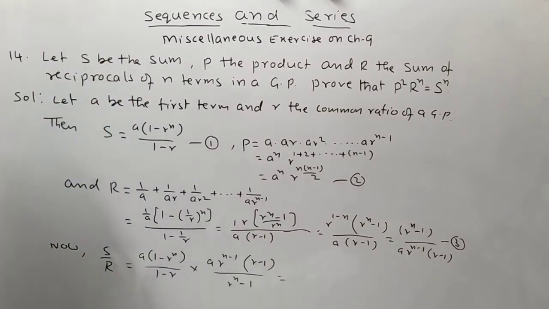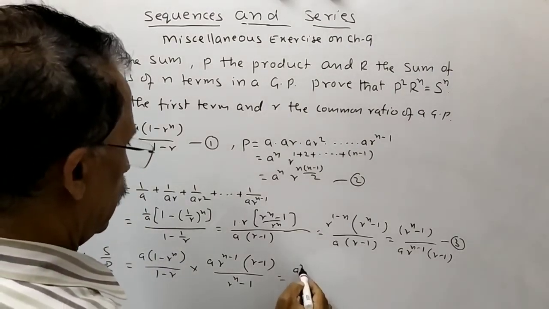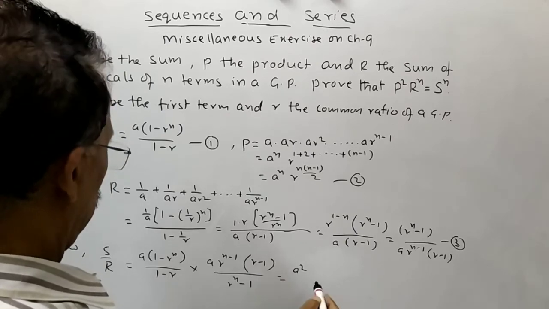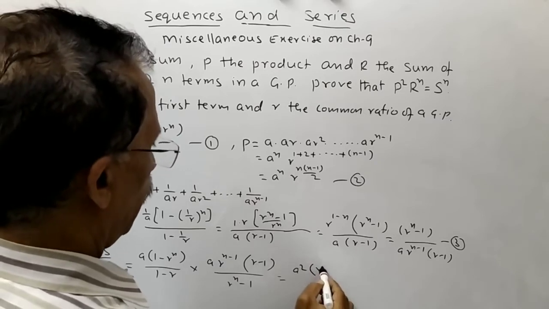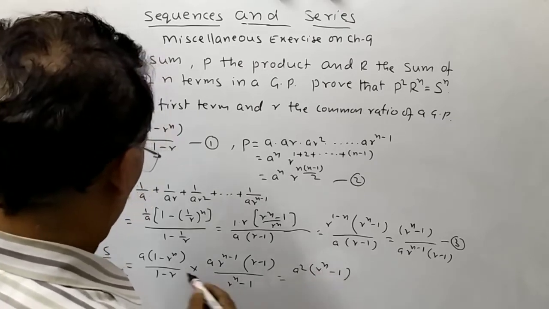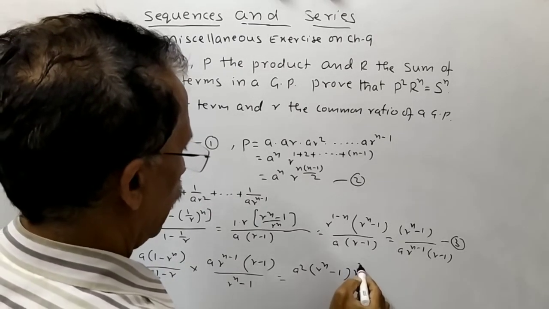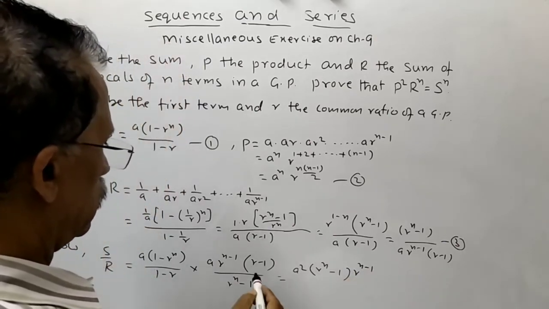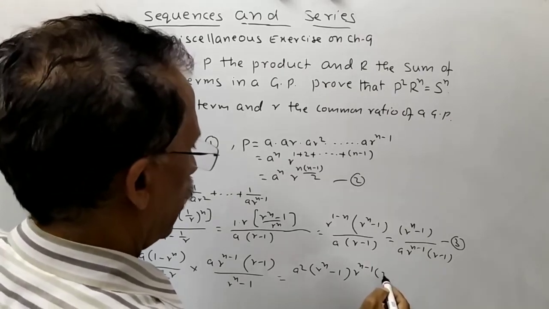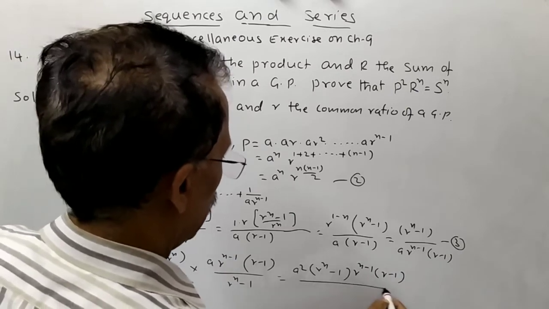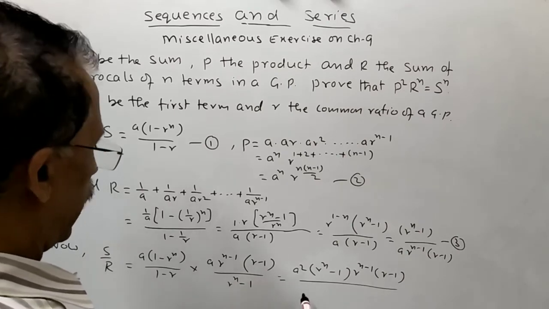This is equal to, a small change we can make, A square, we can write this as R raised to the power n minus 1 by taking minus sign common, into R raised to the power n minus 1 into R minus 1 divided by, here also we can take minus sign common, so that numerator minus sign, denominator minus sign will get cancelled.